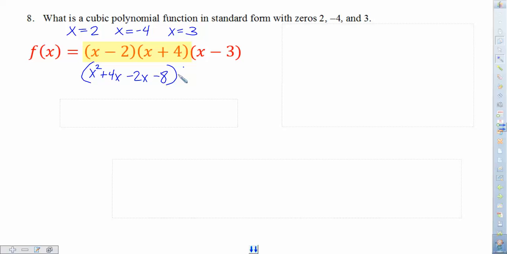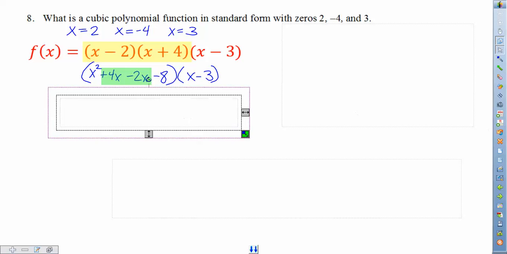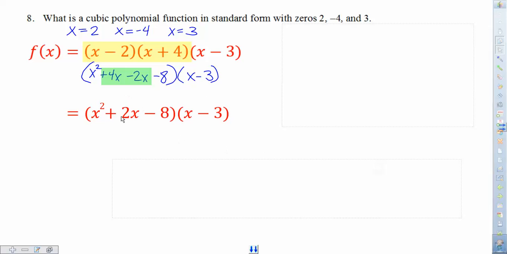So we'd have that, still times the x minus 3, but oh look, we have like terms right here of a positive 4x and a -2x. Combine those together, and we should get something that looks a lot like this with a positive 2x there minus the 8, and then x minus 3.